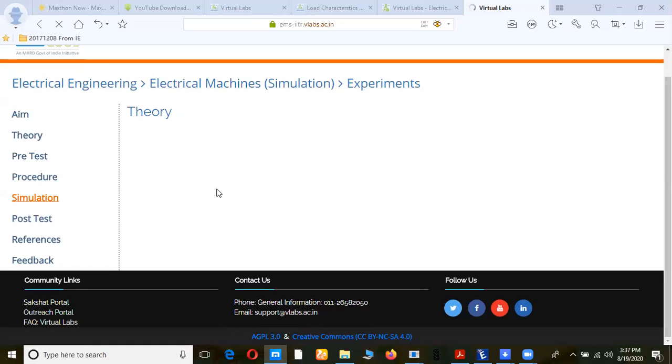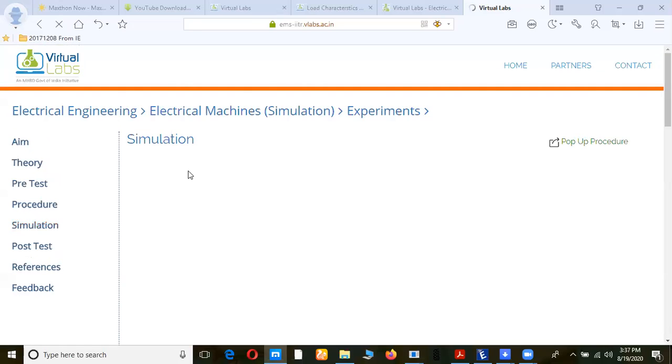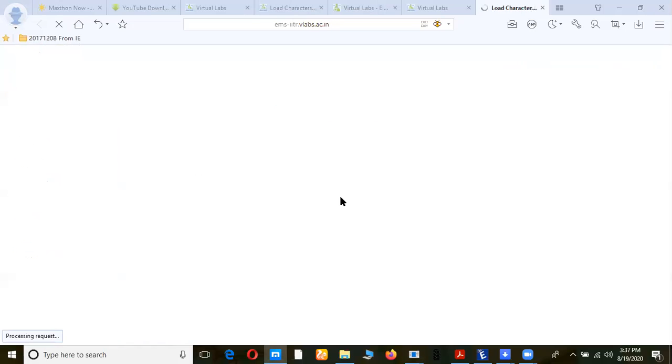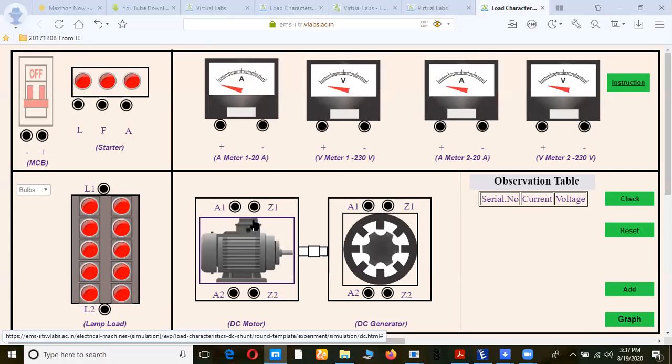If you go to the simulations, we can get a simulation page here. So this is a new simulation page available for the load characteristics of a DC shunt generator.